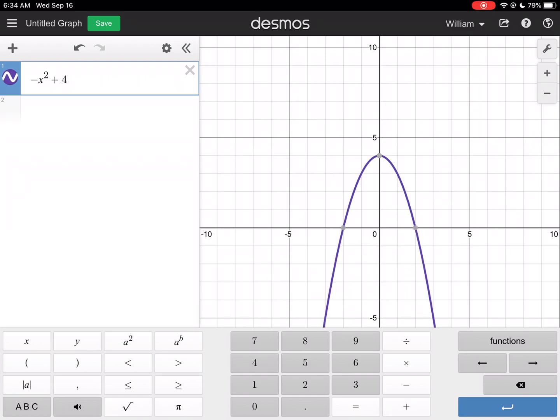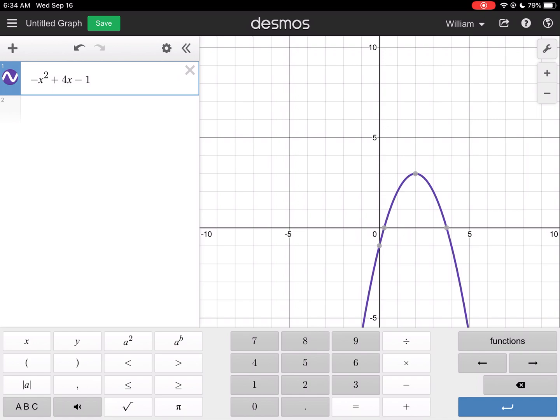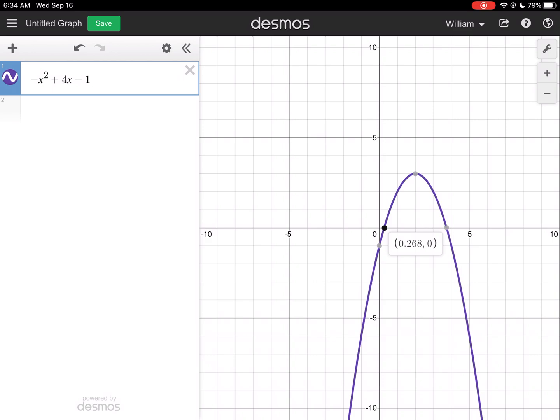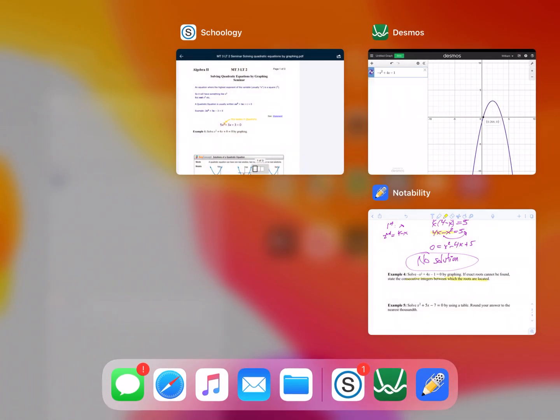Notice since the leading coefficient is negative, it's a sad-looking parabola. Well, what happens here is my solution is between 0 and 1. You see that it's a decimal. The rounded answer is 0.3, but it's between 0 and 1, so that's what we're going to answer.